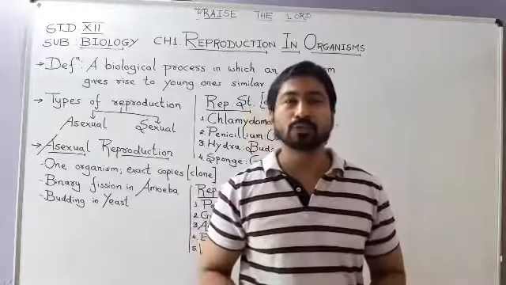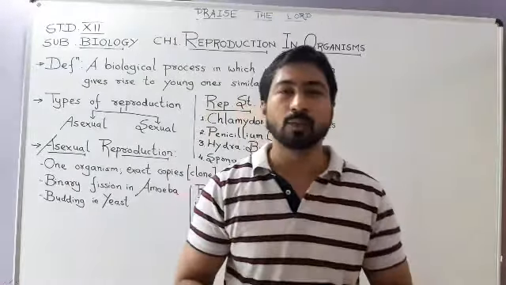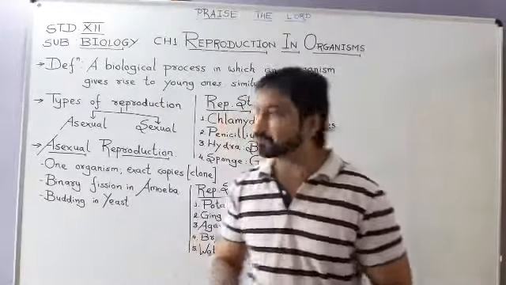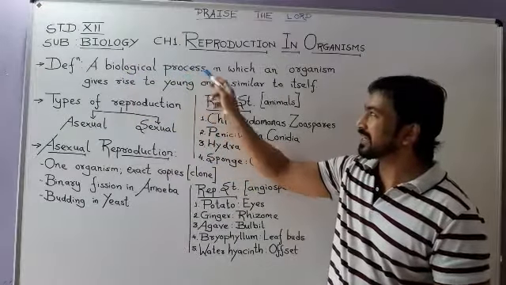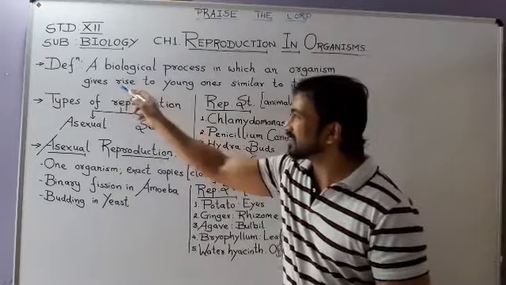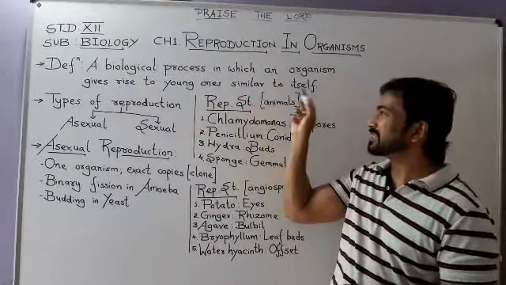Now let us go into the crux of it. What do we understand by the word reproduction? From the definition point of view, it is a biological process in which an organism gives rise to young ones similar to itself.